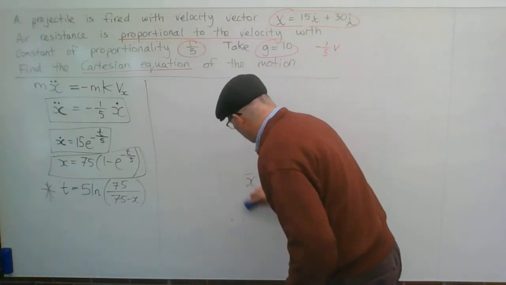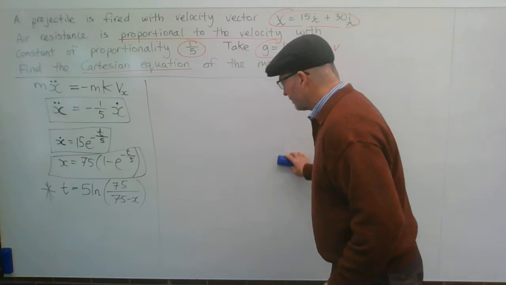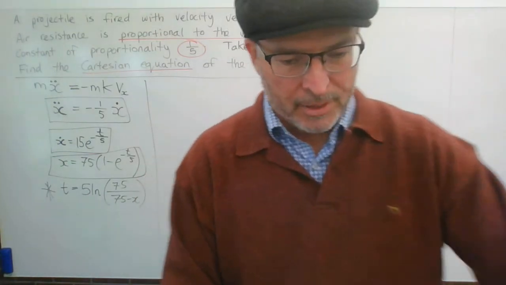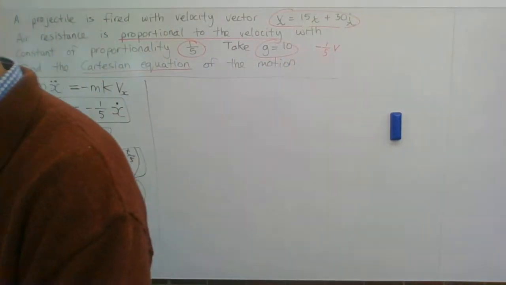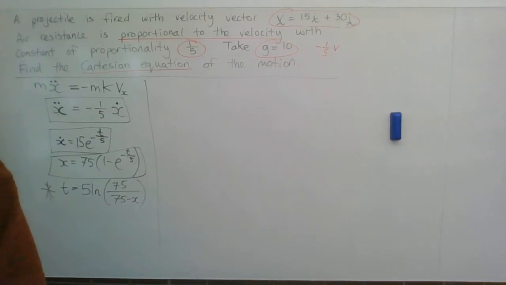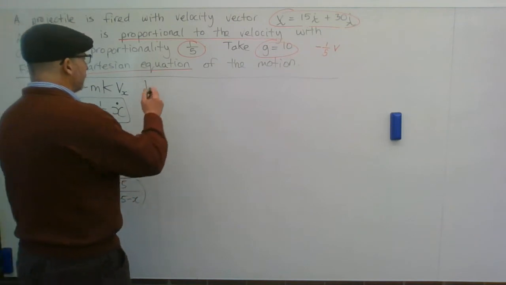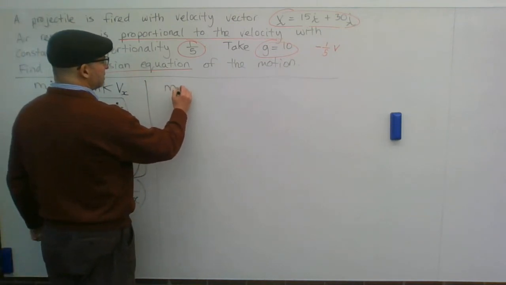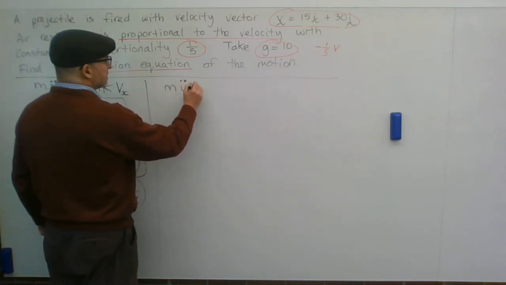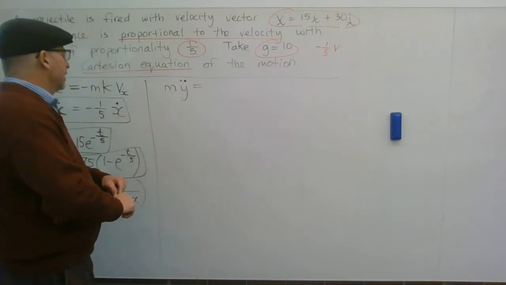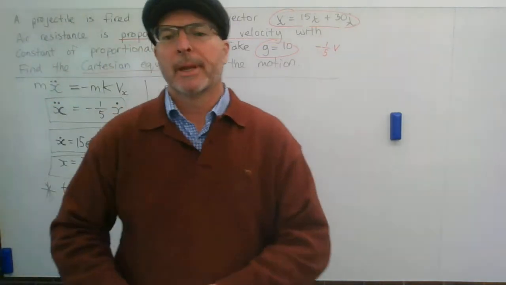So now we need to work vertically. And we'll just grab another pen here. And we need to now go and work vertically. So, what's happening vertically? Well, the mass times the acceleration vertically. Now there's two things happening.